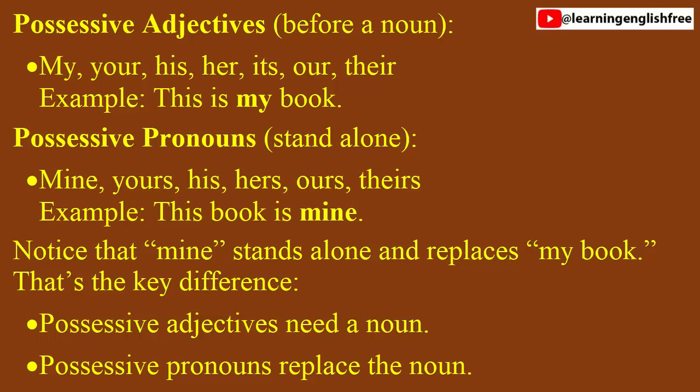Example: this is my book. Possessive pronouns stand alone: mine, yours, his, hers, ours, theirs. Example: this book is mine. Notice that mine stands alone and replaces my book. That is the key difference. Possessive adjectives need a noun. Possessive pronouns replace the noun.